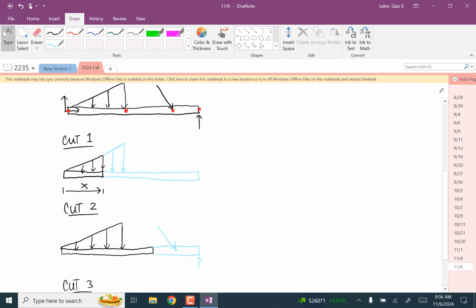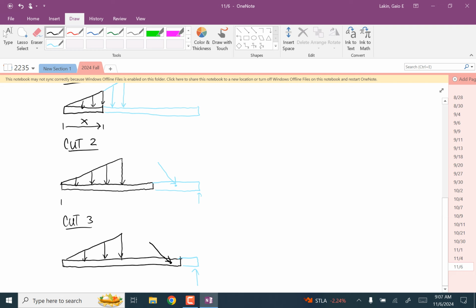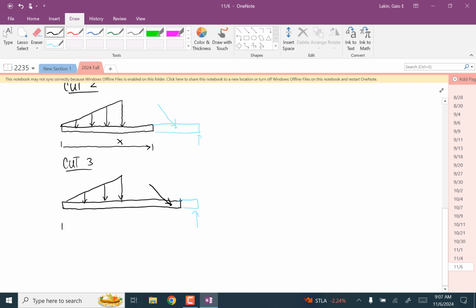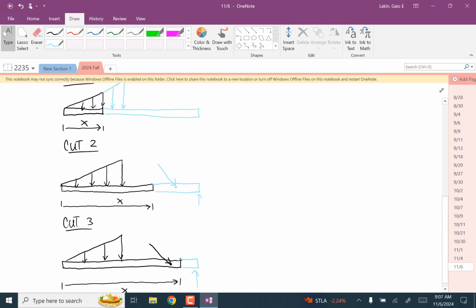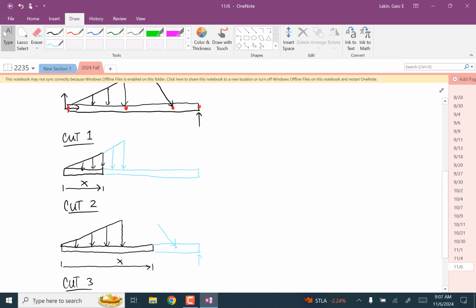Then for the next one, this is x. And then last, this is x. So we're not choosing a point where we're going to cut it. We're just choosing places that are, so here's the idea.